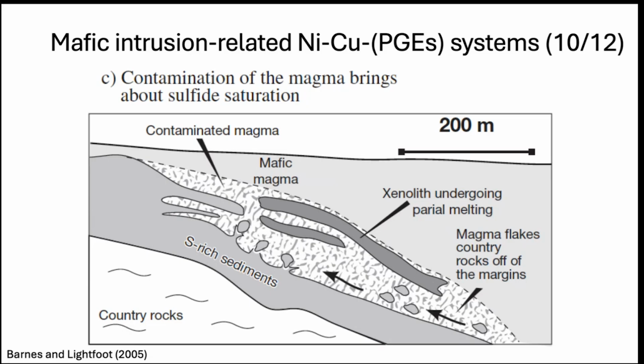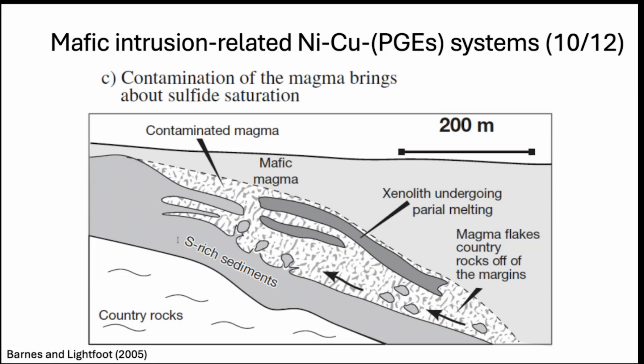So then we need to contaminate the magma to bring about sulfide saturation. In this cartoon, we've injected our partial melt into crustal rocks, which are composed of previously existing sediments or previously existing igneous rocks.